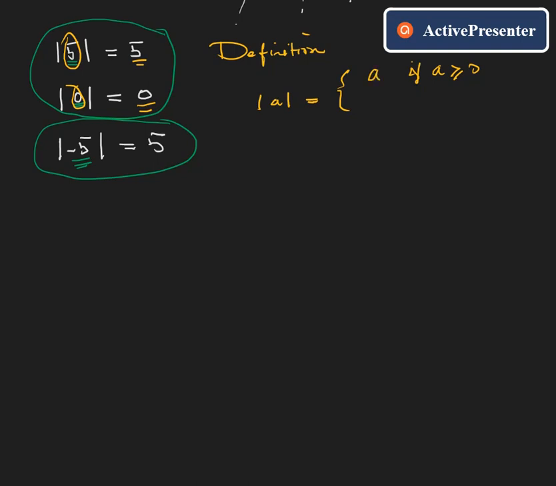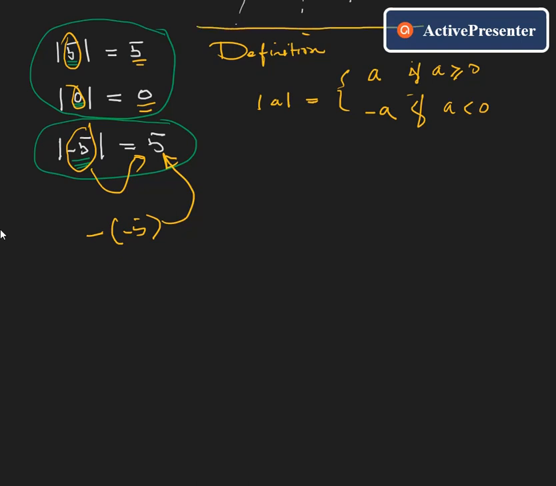So it is A. And we have a different number if A is less than 0. So we have negative A. What we have done here to get 5, we took the negative of what is inside, negative of minus 5, to get 5. So this is the definition of the absolute value.